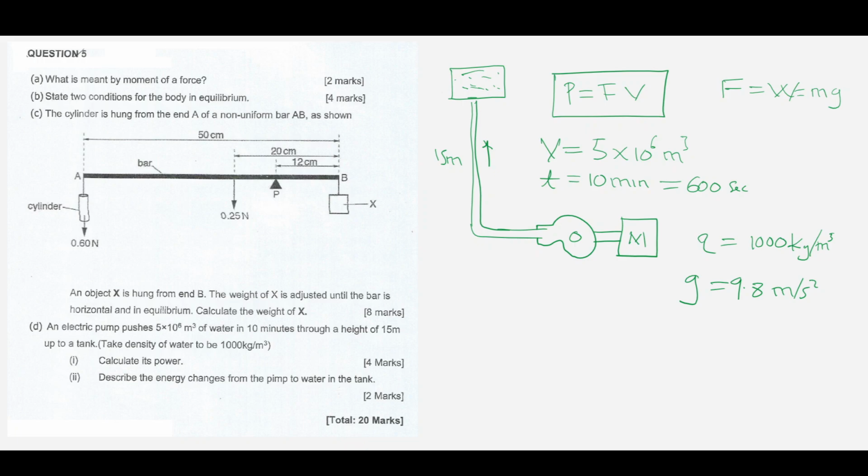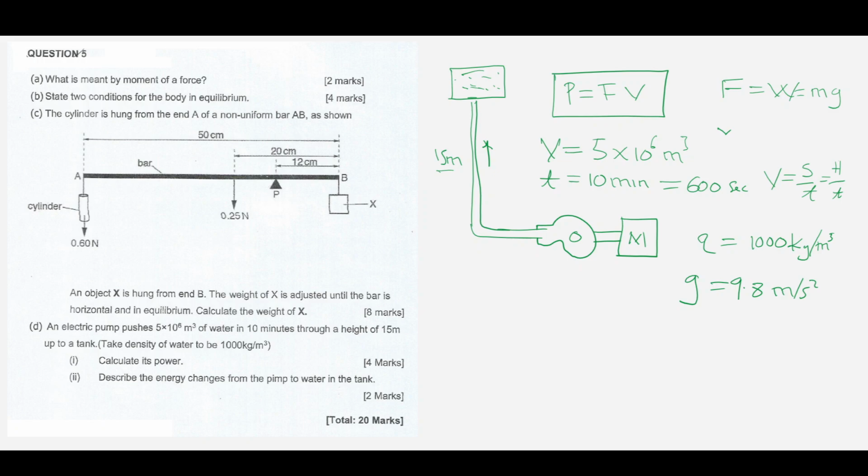Okay, and then the velocity v is given by distance over time, but we know that the distance that we are covering is 15, which is the height. So it will be height over time, like that.